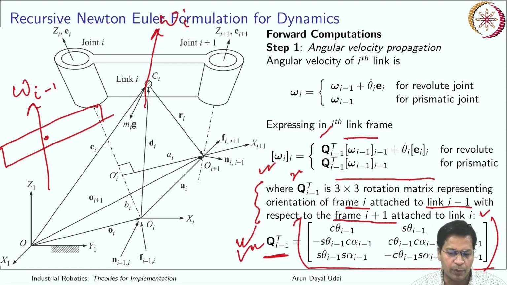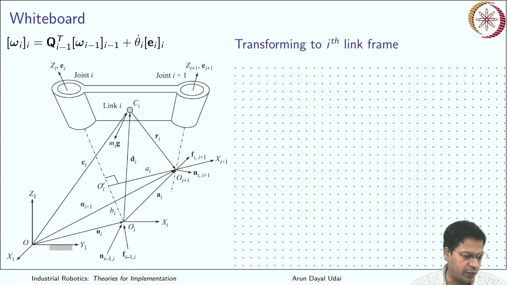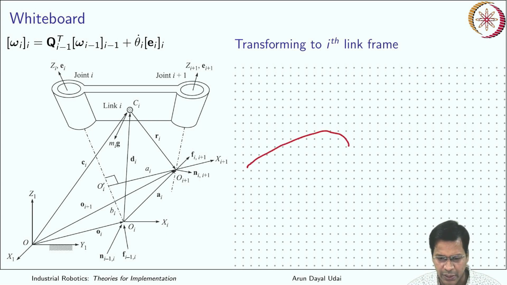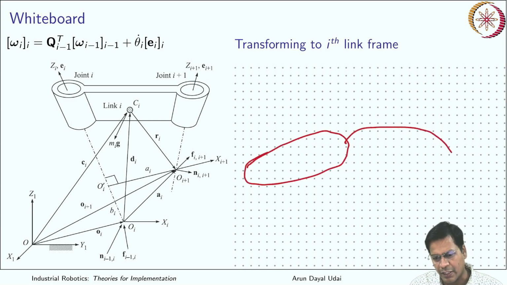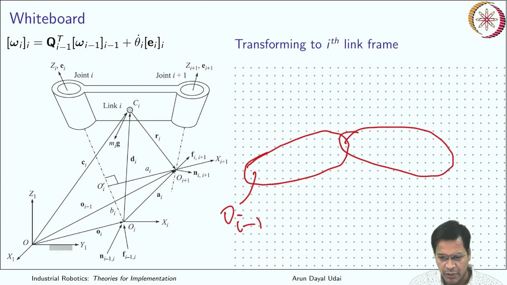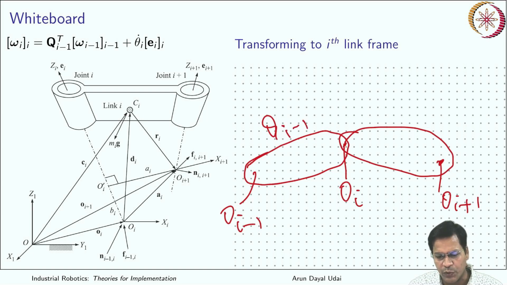So let me elaborate upon how this equation came actually. Let me draw it once again over here. You have a link which is here. You have yet another link that comes here. This is your frame O i minus 1, and this is your frame O i, and then you have a frame which is here, that is O i plus 1. So this Qi minus 1 basically gives you a transformation that took you from here to here, the orientation transformation.